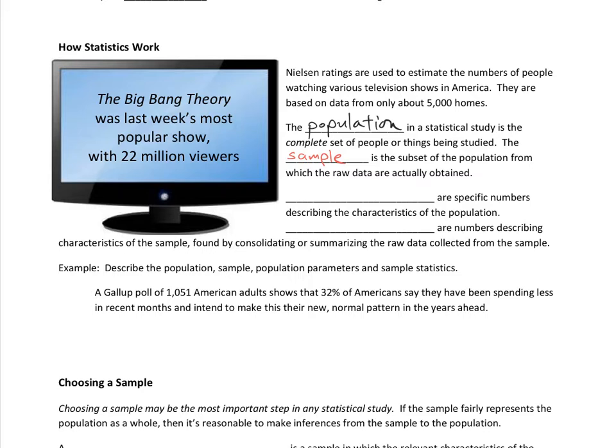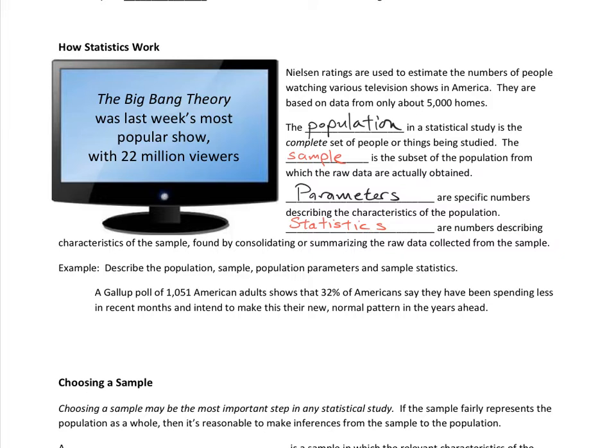In addition, parameters are specific numbers describing the characteristics of the population, and statistics are the numbers describing characteristics of the sample.